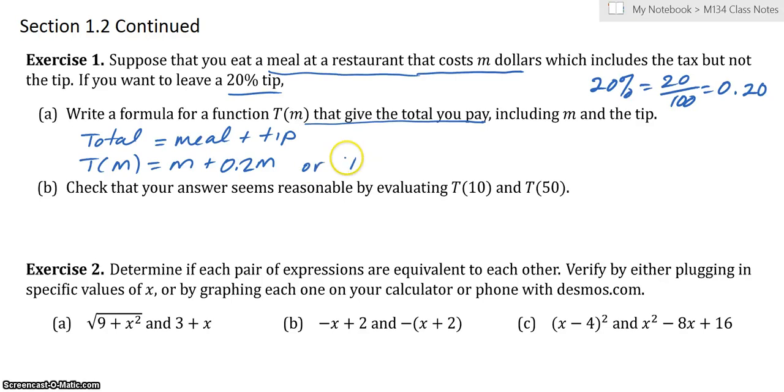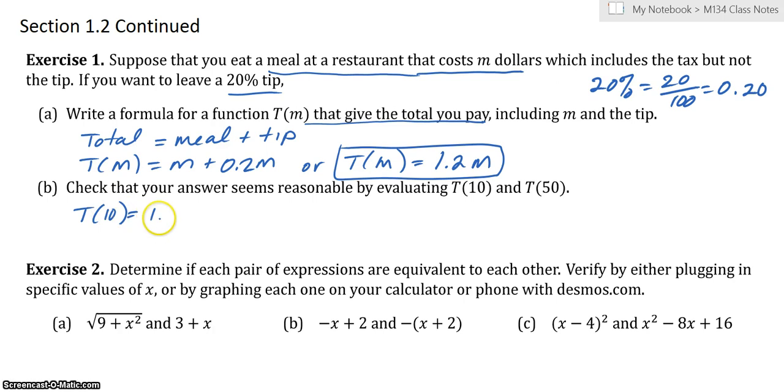Or if you'd rather simplify it, you can combine like terms here because there's an imaginary 1. So that'd be 1.2m. Let's check your answer and see if it seems reasonable with $10. So let's do t of 10 here.